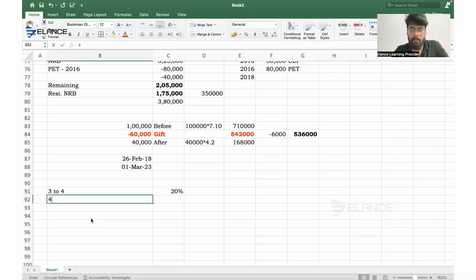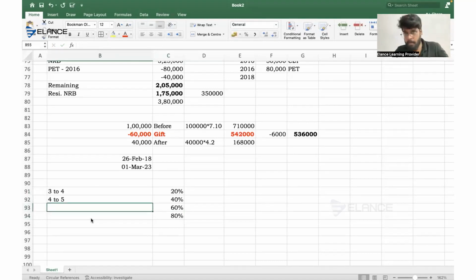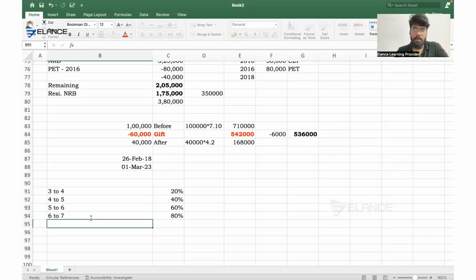If the donor is alive for 4 to 5 years, taper relief will be 40%, and it will be 60% and 80% according to the lifespan after making the transfer. So this is the taper relief chart.